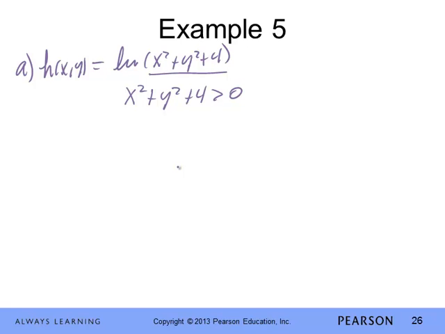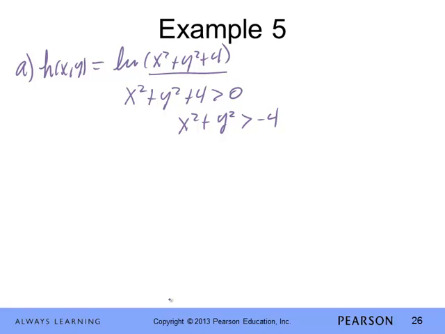So x squared plus y squared must be greater than -4. Well, look, x squared plus y squared is never going to be negative. It's always going to be greater than or equal to 0. So guess what? Any value for x and any value for y.